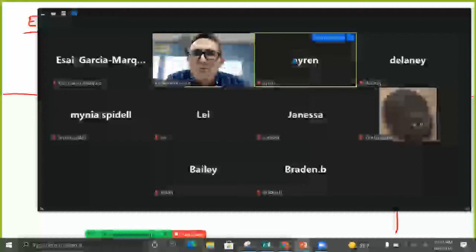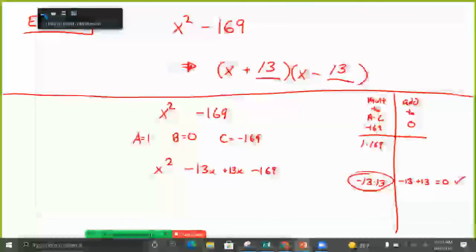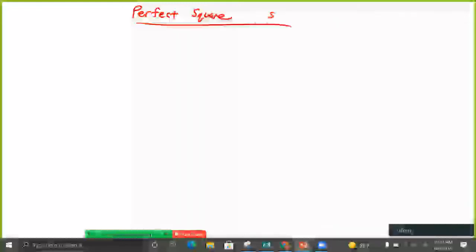Okay. All right, folks. Then let's look again really quick at the perfect square. This one's a little trickier, at least for me it is. It's not as intuitive. So this is the second shortcut we learned, the perfect square shortcut.